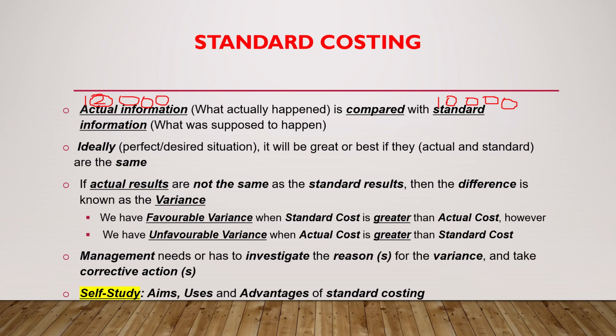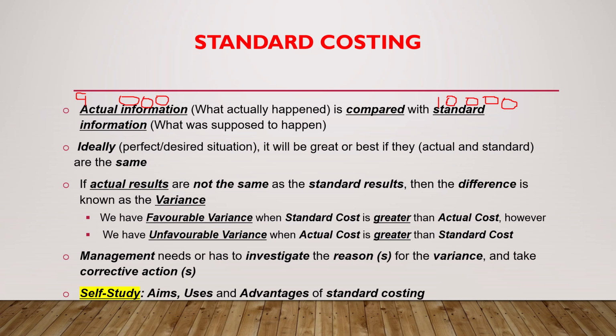So when do we have a favorable variance? We have a favorable variance when standard cost, that is planning, is greater than actual cost, right? So in our example, let's say this is 9,000. The variance is favorable when the standard, that is planning, is greater than the actual. So let's go back to our example.